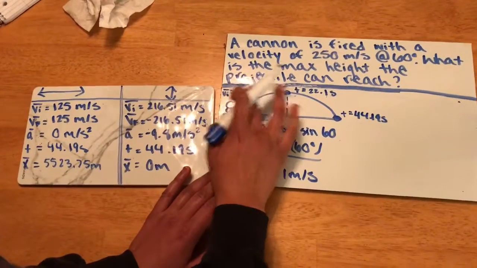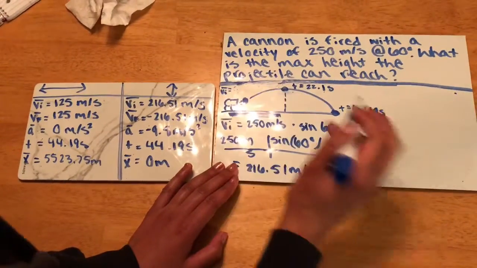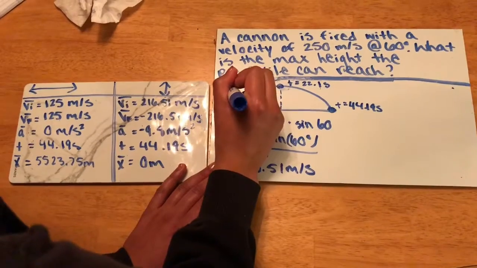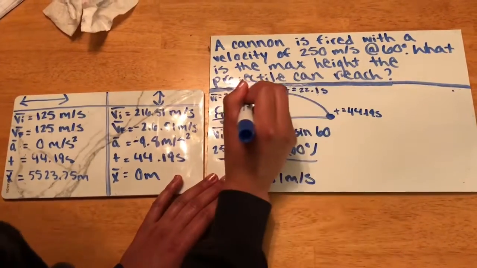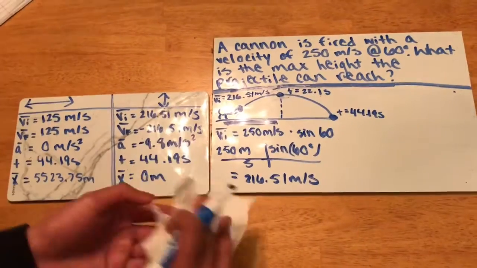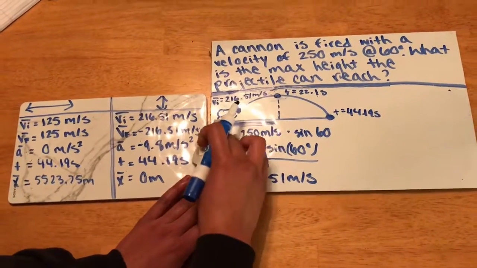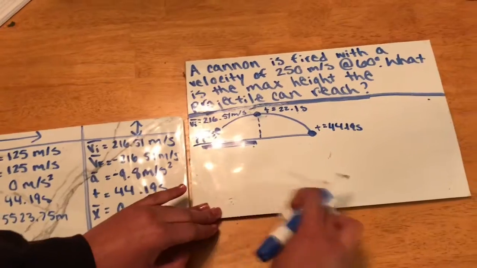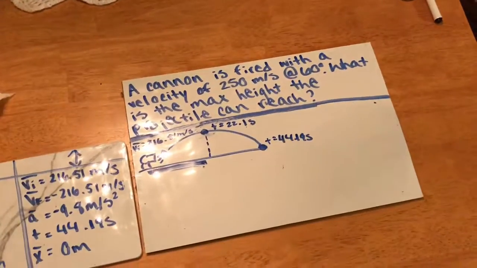So rather than having it written out like that, we can change this part to 216.51 meters per second, which is going to be easier for us when we're filling out the rest of our problem.